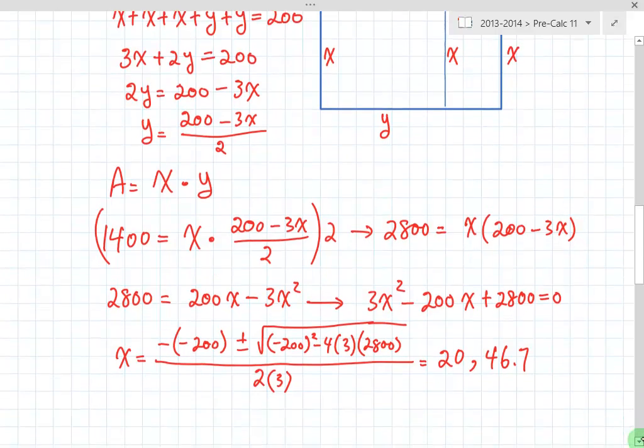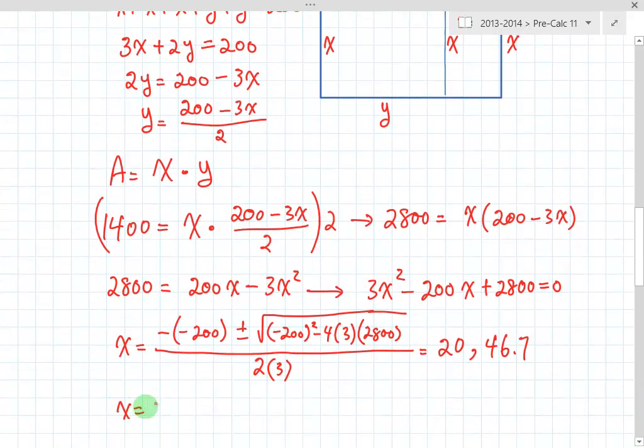So you go, okay, x equal to 20 gives me y is equal to, based on what I had here, 200 minus 3 times 20 divided by 2, which is equal to what? 70. Y is equal to 70.